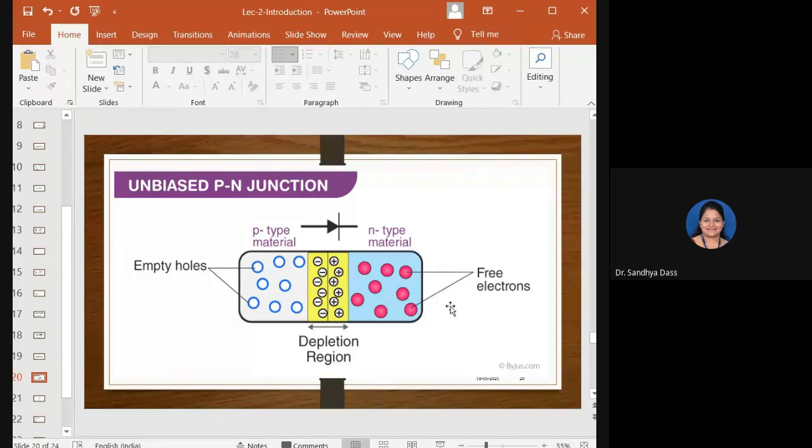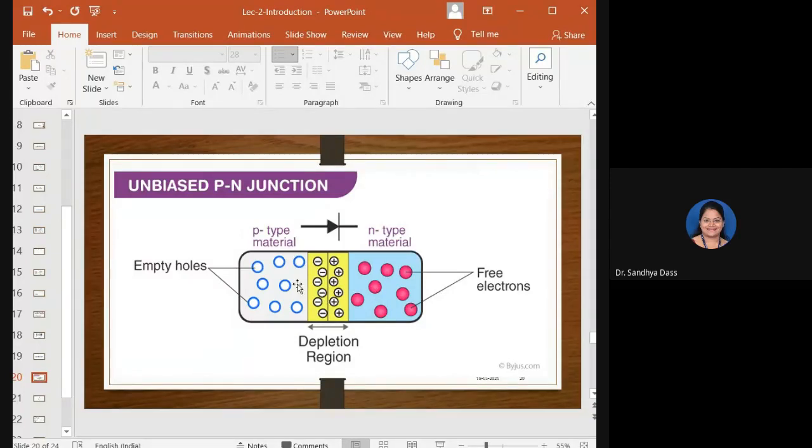If an electron is trying to diffuse from, say, the N region to the P region, it is repelled by the negatively charged ions deposited at the P side. I hope you are able to get me. So this diffusion process is blocked, and there is a blocking of further diffusion of the charges across the junction.